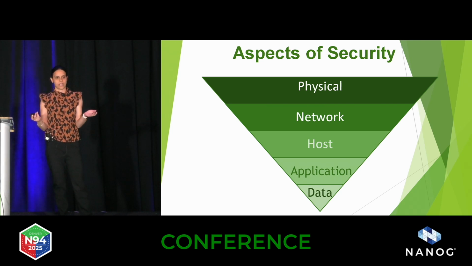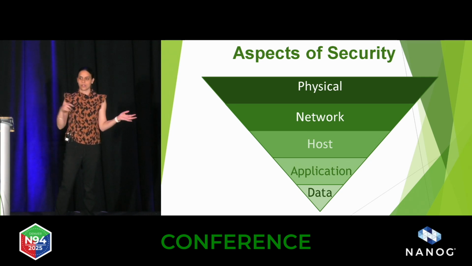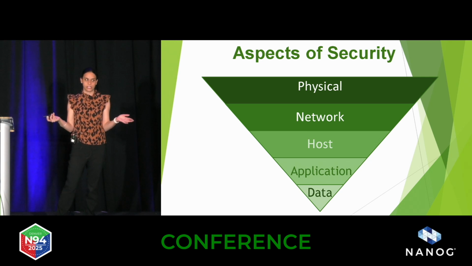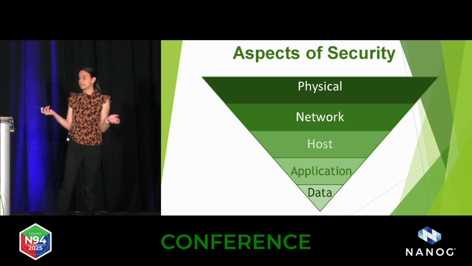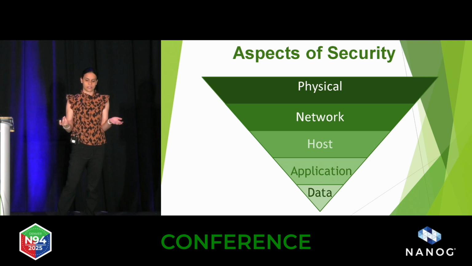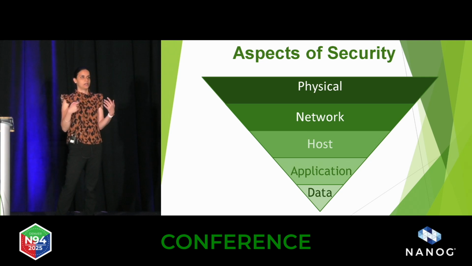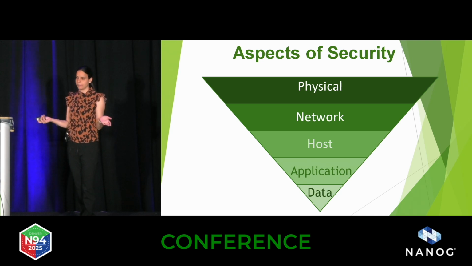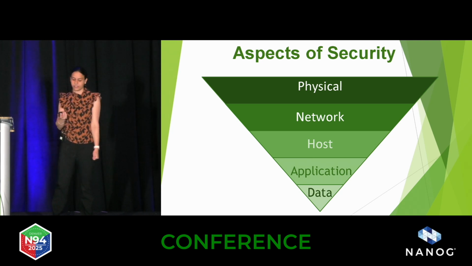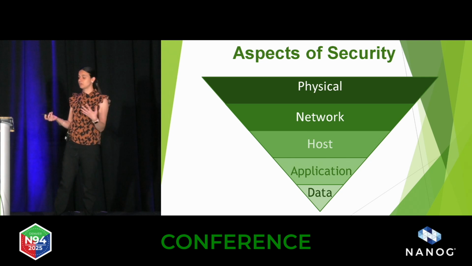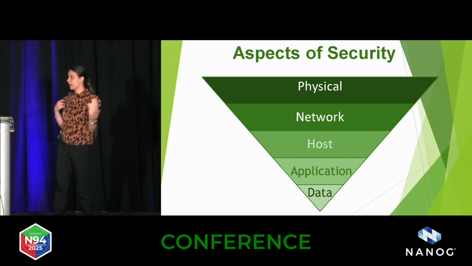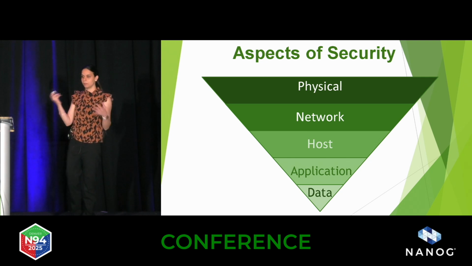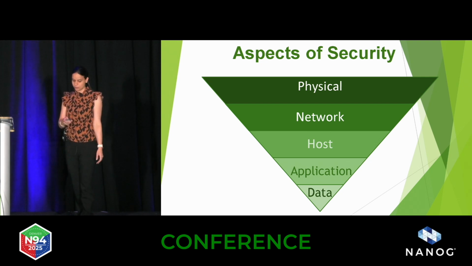Host security involves protecting mobile devices and PCs which are hosted inside of our company from various attacks. Then we have application security, which means trying to secure the different mobile and computer applications. And finally, data security, which is trying to secure data at rest and data in transit, which involves a lot of encryption techniques as well.